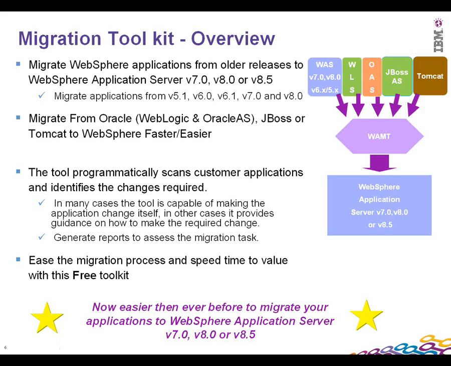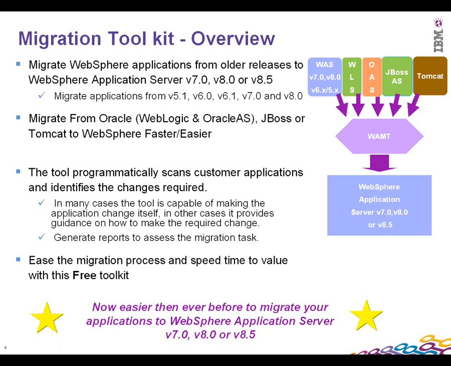You cannot use the configuration migration tool to migrate version 5.1 or 6.0, but you can start only from version 6.1. But unlike that, our migration toolkit supports even version 5.1 of App Server. This is for version to version. And irrespective of the version, it supports all the competitive products, like the 4 I mentioned, right?